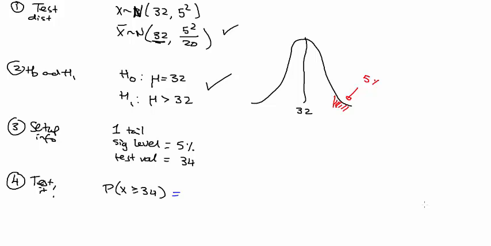Okay, let's do it. Normal distribution. 34. What's my mu? Mu's 32.